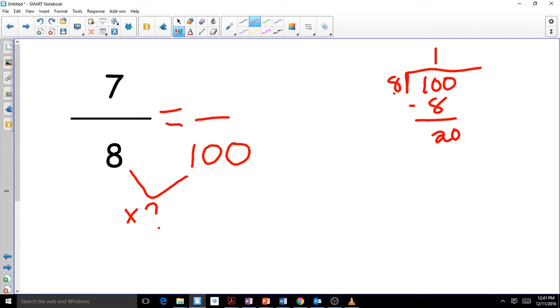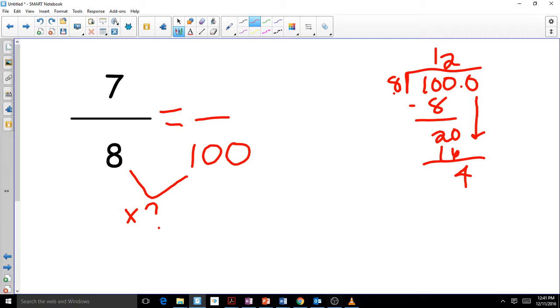Bring down the 0, and then 8 goes into 20 two times, and that's 2 times 8, which is 16, and that is going to give me a 4, and I need to take this further.